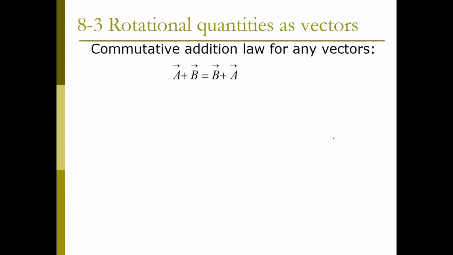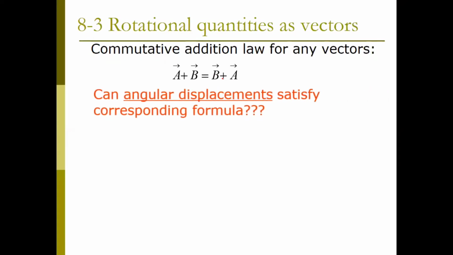Now, since we are talking about rotational kinematics, let's talk about rotational quantities as vectors. Commutative addition law for any vectors: vector A plus vector B is equal to vector B plus vector A. Can an angular displacement satisfy the corresponding formula in which delta theta sub 1 plus delta theta sub 2 is equal to delta theta sub 2 plus delta theta sub 1?